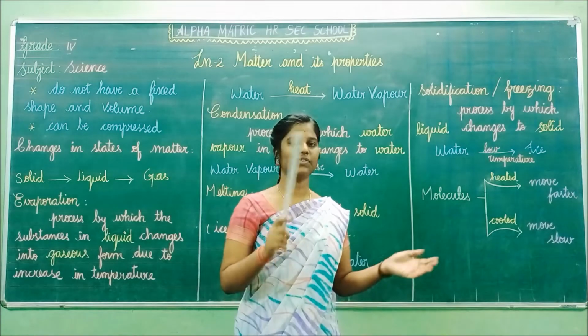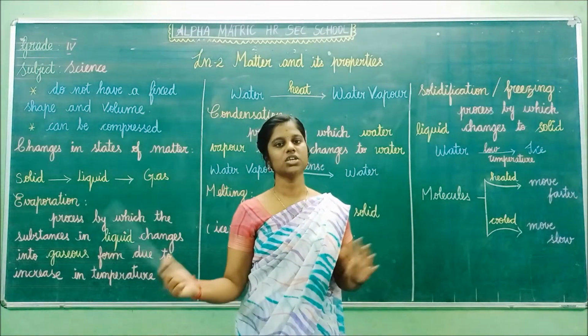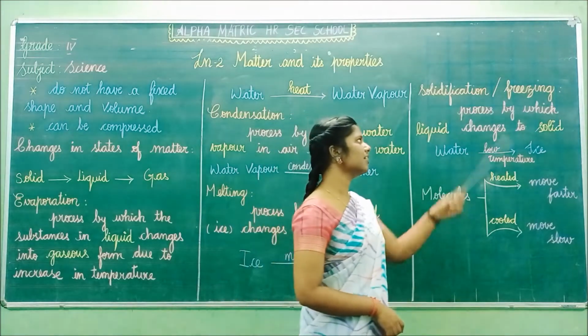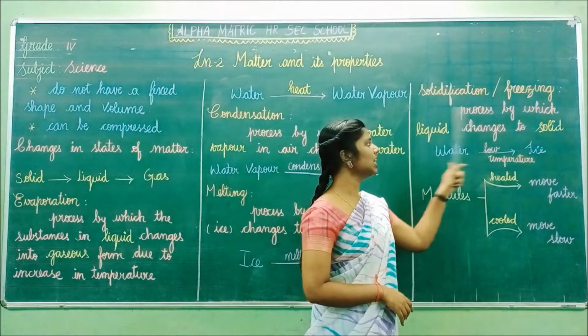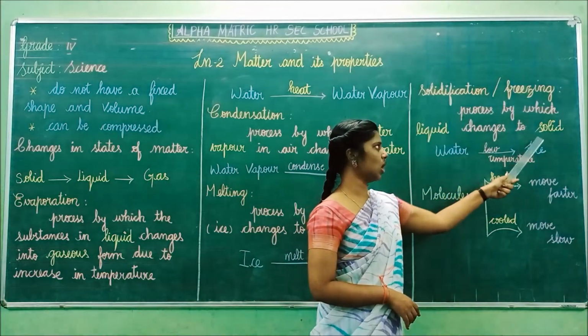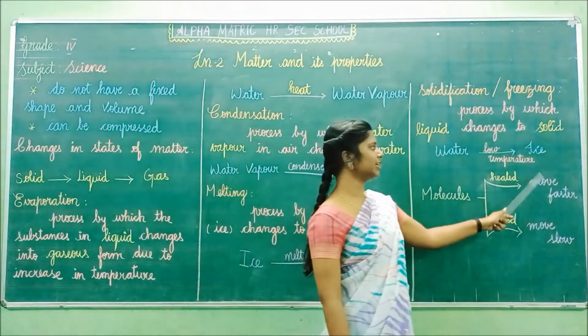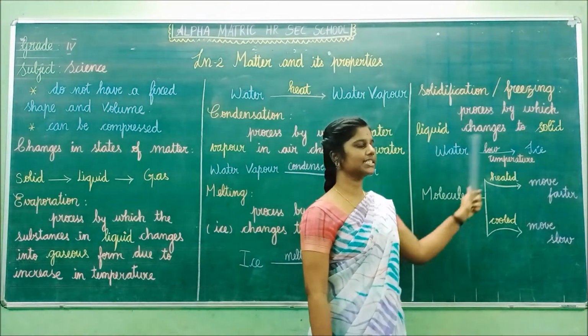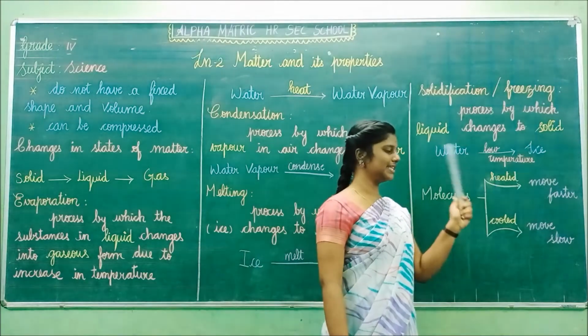So, here the state changes from liquid to solid state. So, the process is called freezing. Freezing is the process by which liquid changes to solid. For example, water is changing into ice. The liquid state is getting converted into solid state at low temperature.